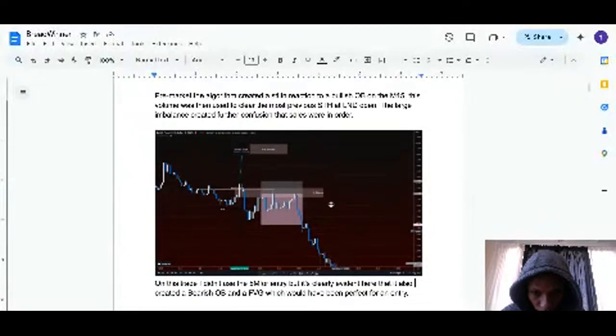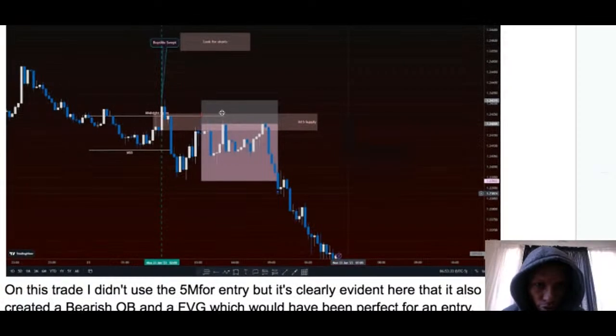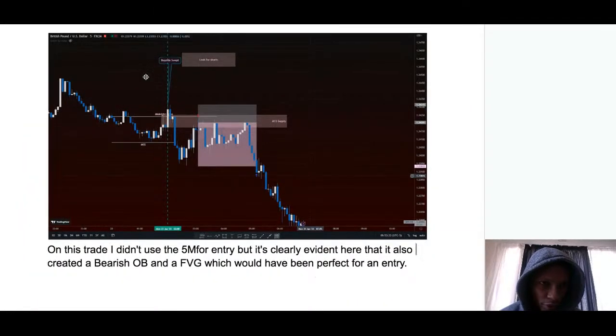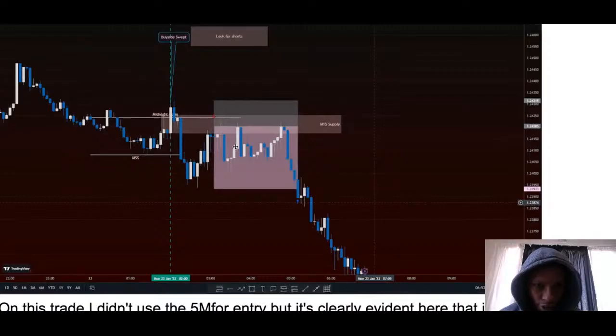So over here, you've got a 15-minute supply, midnight opening price. You see, that's what I marked. What time frame is this? A 5 minute? You just see it here, forms that high into the gap.